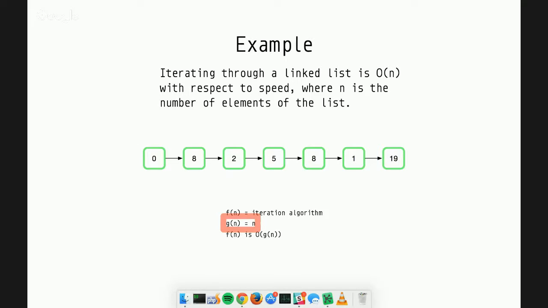So it's just the constant function n. And we can say that f of n is big O of g of n because the iteration algorithm's speed is proportional to the size of the list, if that makes sense.